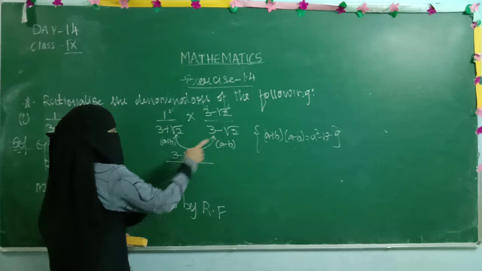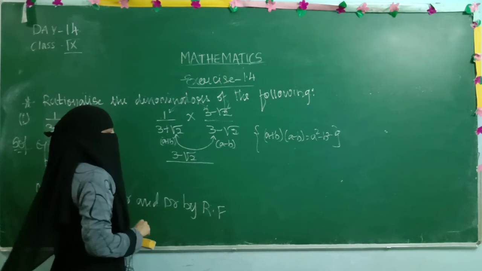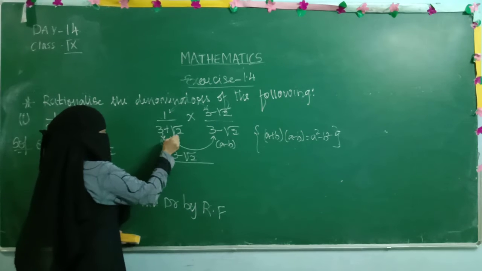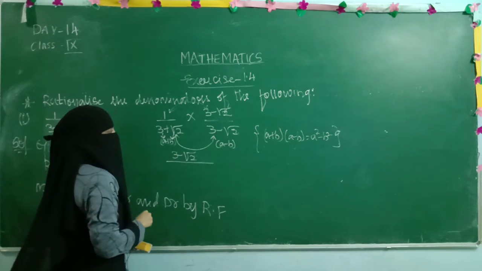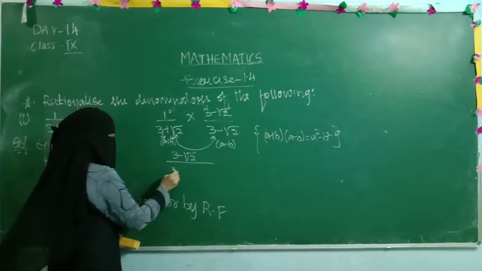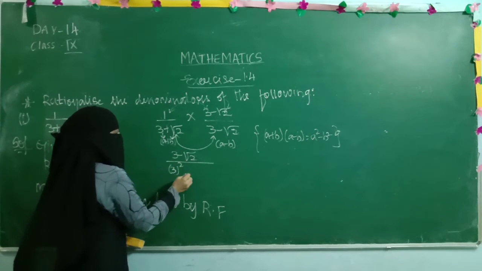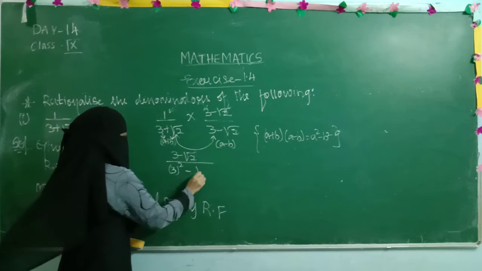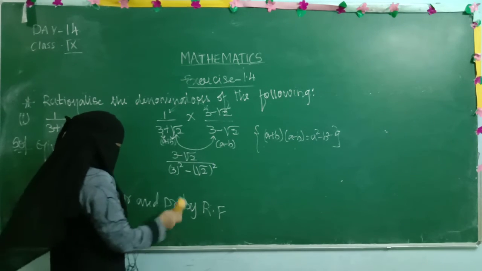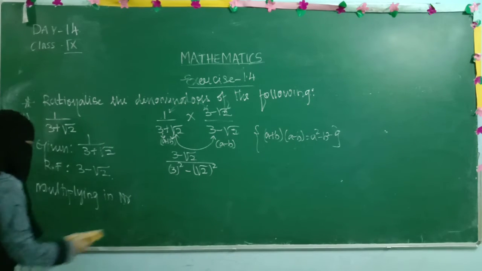Yes. So this is in the form of a square minus b square, and we know very well the value of a is this and the value of b is this. So we are writing in a square minus b square form. A is 3, so 3 square minus b is root 2, root 2 whole square.